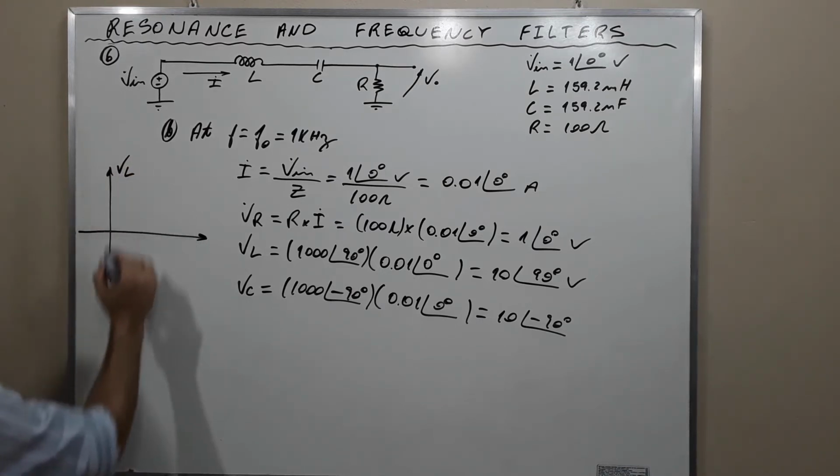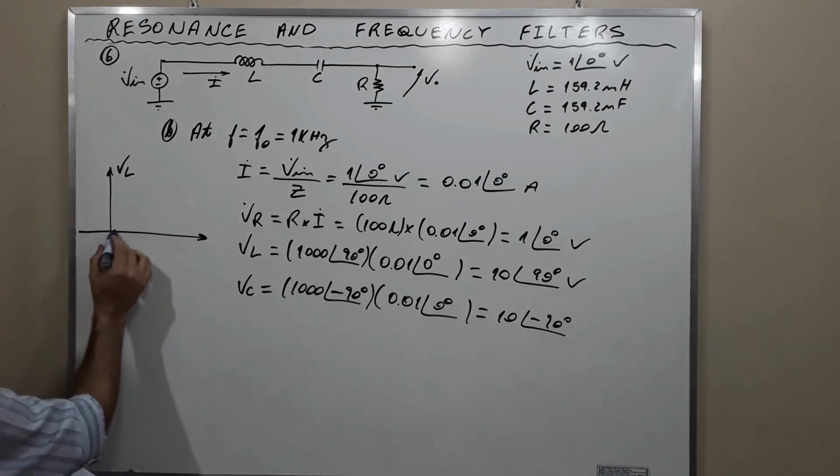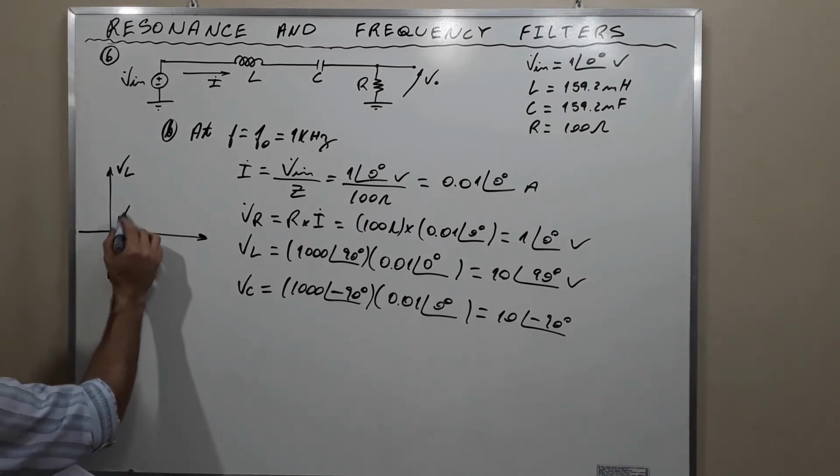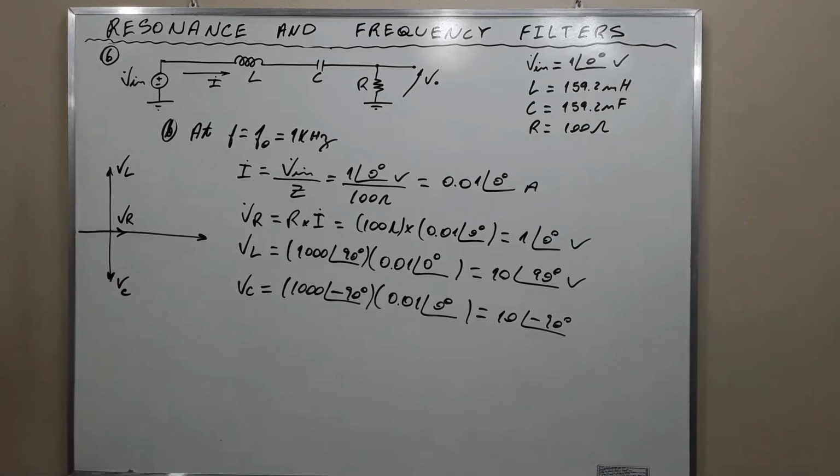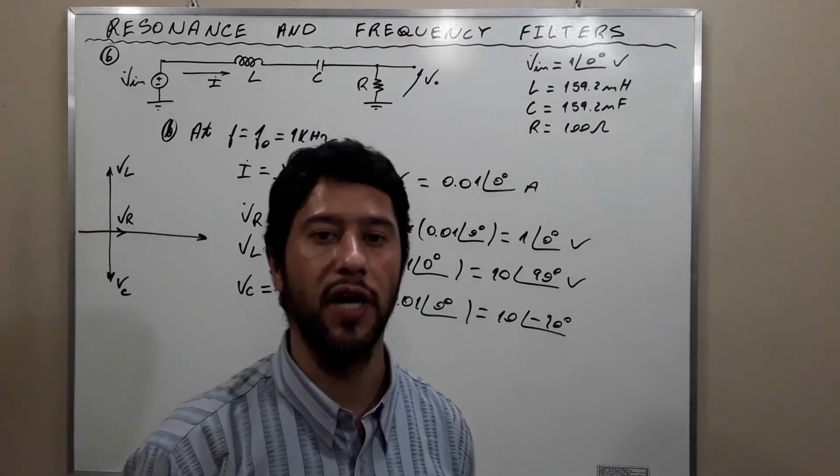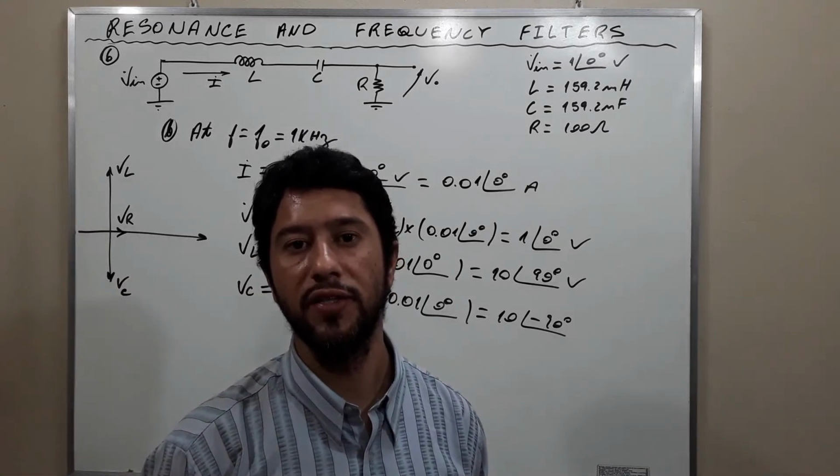This is VL, this is VC, and this is VR. Observe that although the voltages across the inductor and the capacitor are 10 times larger than the voltage of the source, KVL is satisfied because VL and VC cancel each other out. Alright, my friends, this is all for exercise 6. Let's go to exercise 7.